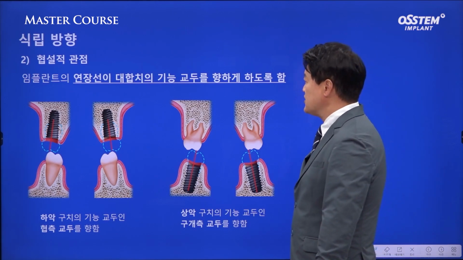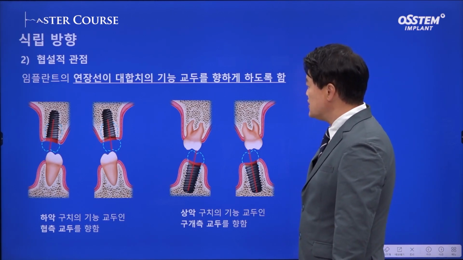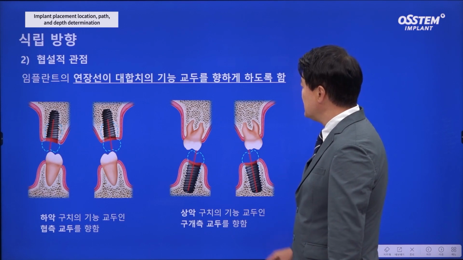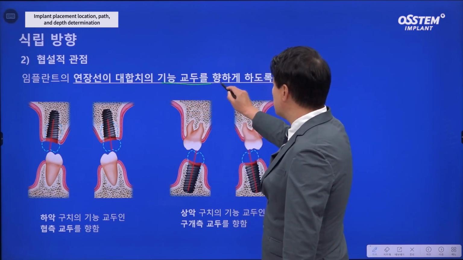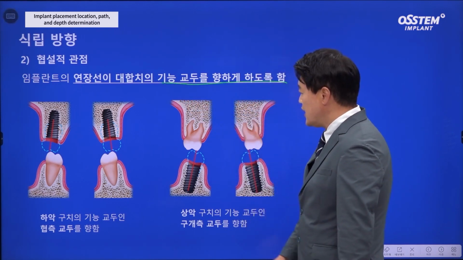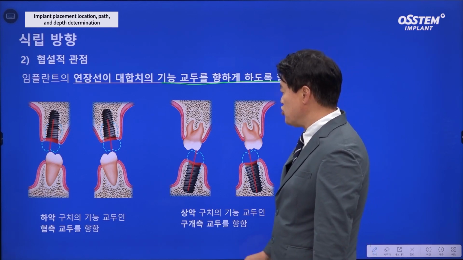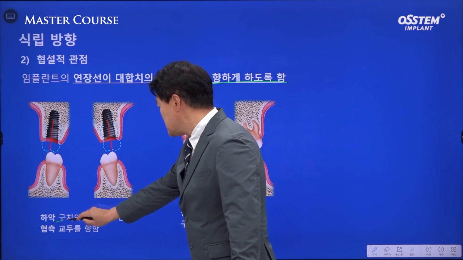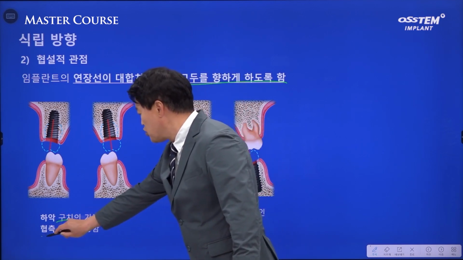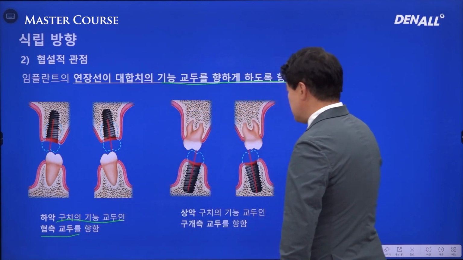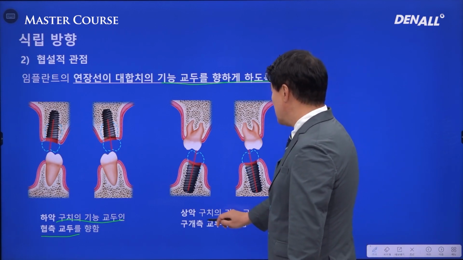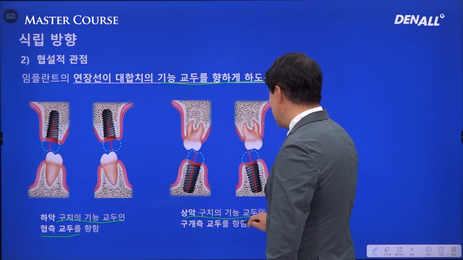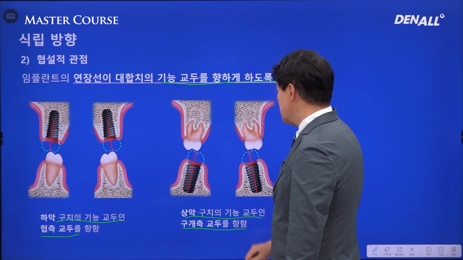Buccolingually, the extension of the implant axis should be toward the functional cusp of the opposing tooth. The direction of the maxillary posterior implant should be toward the functional cusp or buccal cusp of the lower posterior tooth. And when we place an implant in the posterior of the mandible, it should be directed toward the palatal cusp, the functional cusp of the upper posterior tooth.